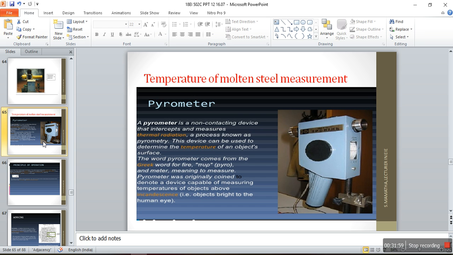It intercepts and measures thermal radiation, a process known as pyrometry. This device can be used to determine the temperature of an object's surface. The word pyrometer comes from the Greek word for fire, pyro, and meter, meaning to measure. Pyrometer was originally coined to denote a device capable of measuring the temperature of objects above incandescence.